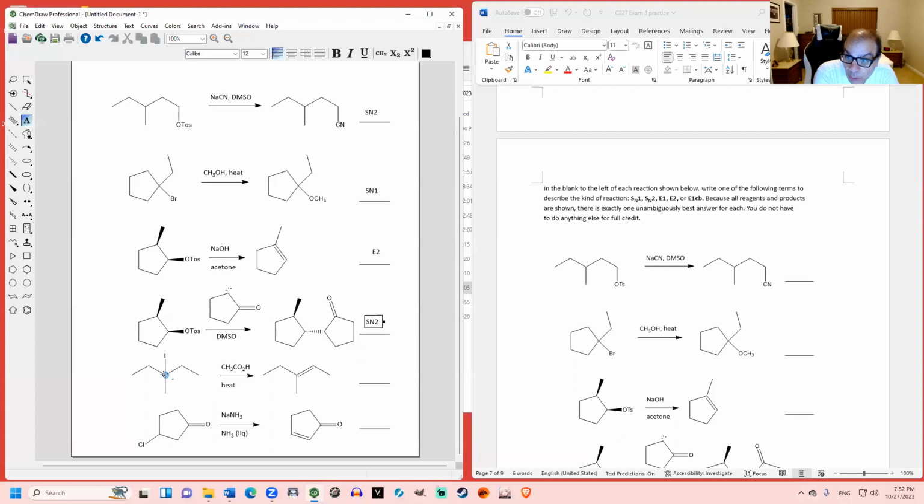A tertiary substrate is going to want to make a carbocation. So this is going to want to go through the two-step type of elimination through the carbocation. In other words, it's an E1 reaction. And the way you know that is partly from the solvent, partly from the substrate, and partly because we see a double bond where there wasn't one to begin with.